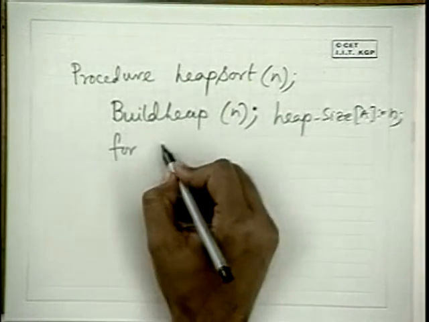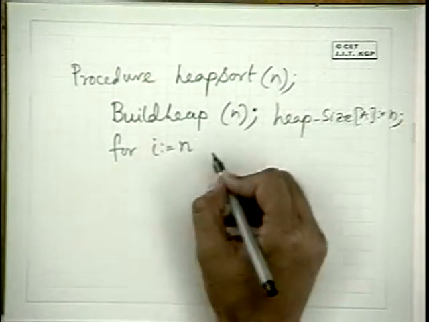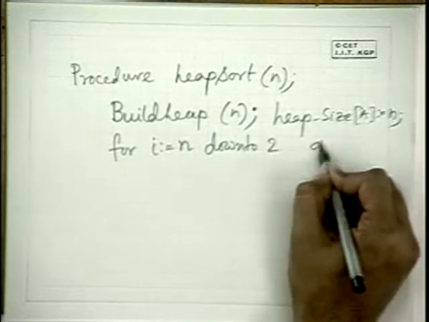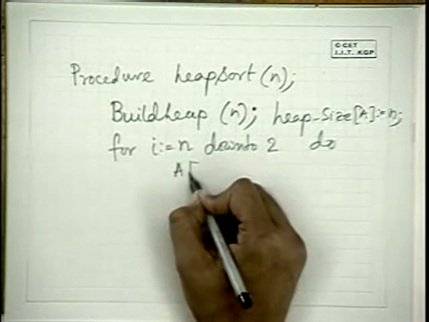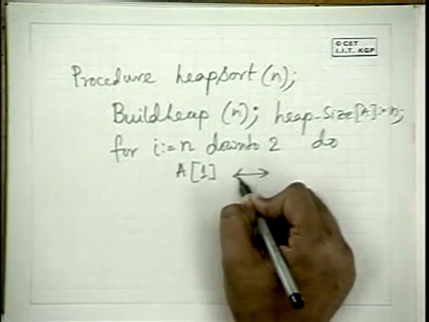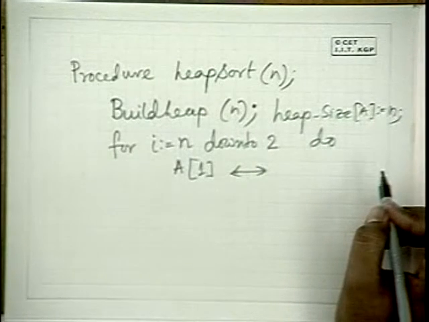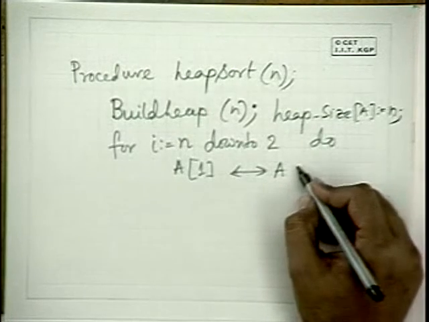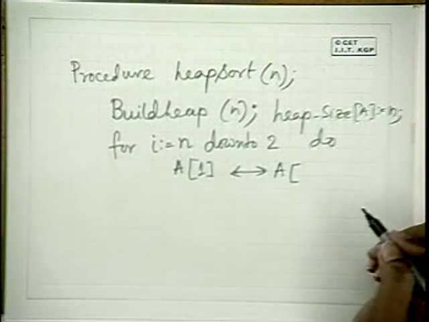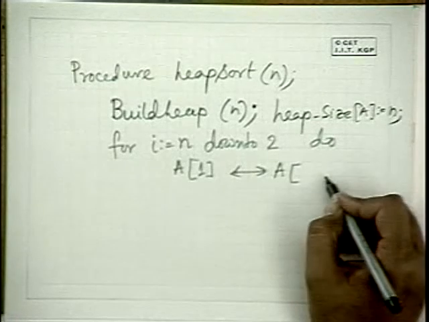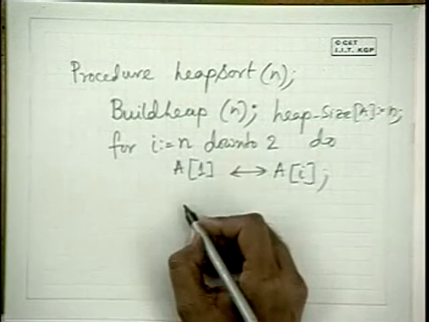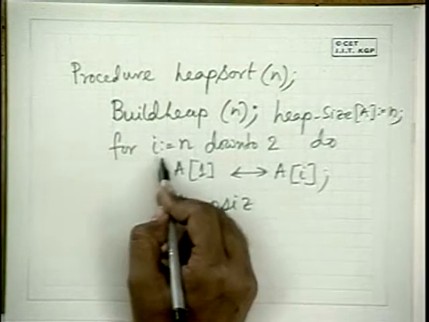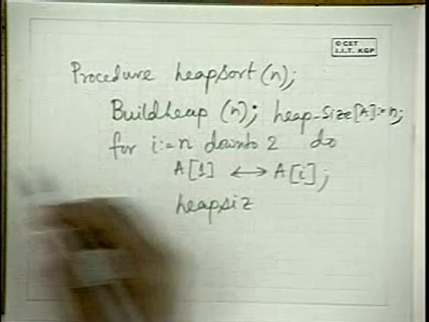For i equal to n down to 2, do: A[1], you exchange with what? A[1] with A[i]. There is an i here. i is varying.